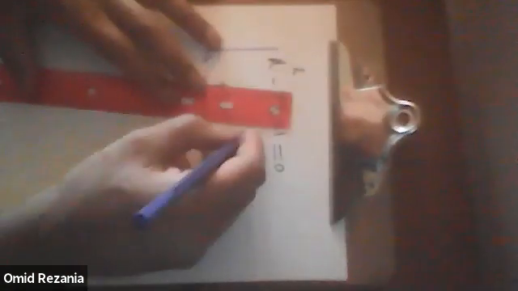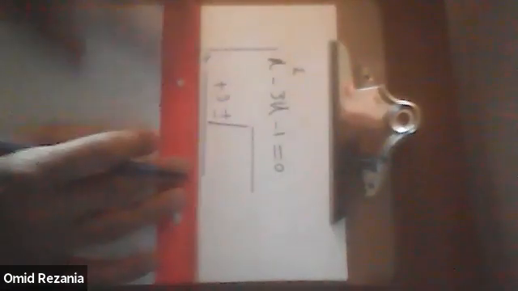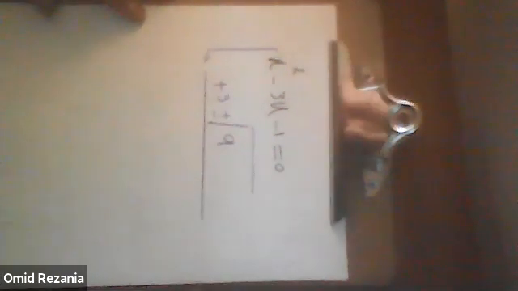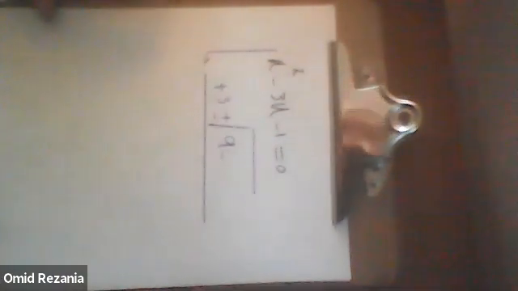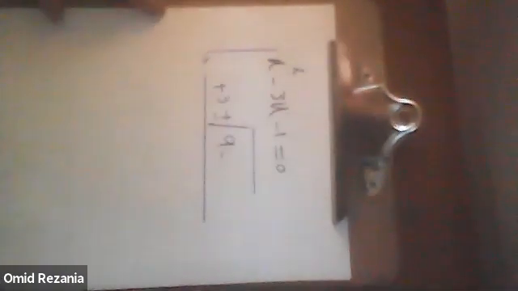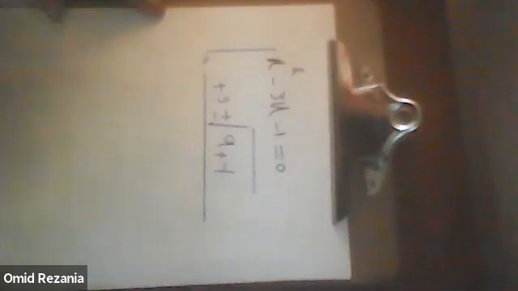It starts with plus 3 plus or minus the square root of b squared, which is 9, minus 4 times this times this, which becomes plus 4, divided by 2.